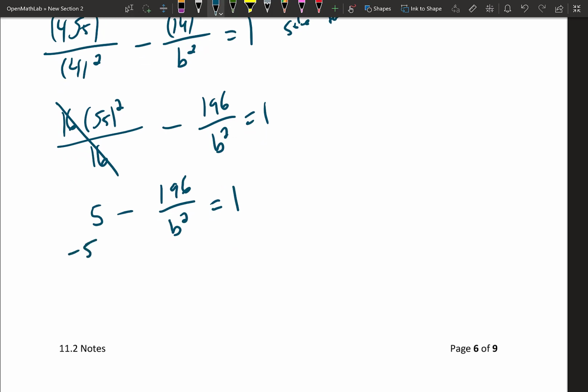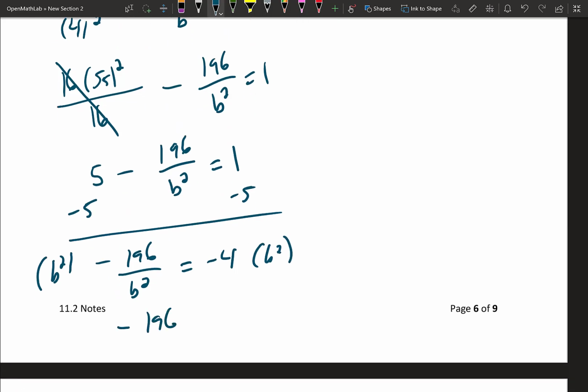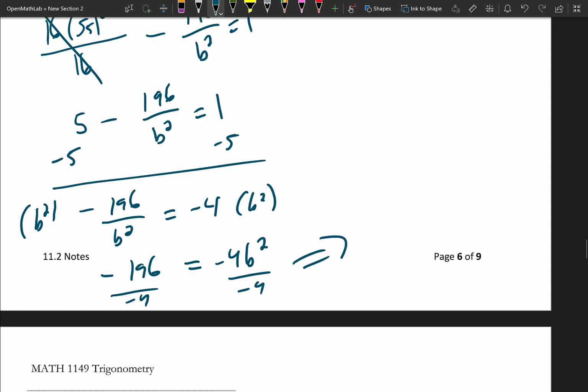And then I could subtract 5 from both sides and get negative 196 over b squared equals negative 4. And then I could multiply both sides times b squared to get negative 196 equals negative 4b squared. And then I could divide both sides by negative 4. So that gives me that b squared equals negative 196 divided by negative 4, which is 49.